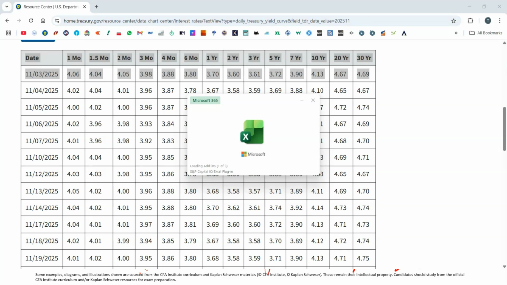Yields on those bonds are benchmark yields. And the graph you draw using all the yields at different maturities is a benchmark yield curve. We are going to use that word again and again, so it's important to understand and visualize how that benchmark yield curve looks.